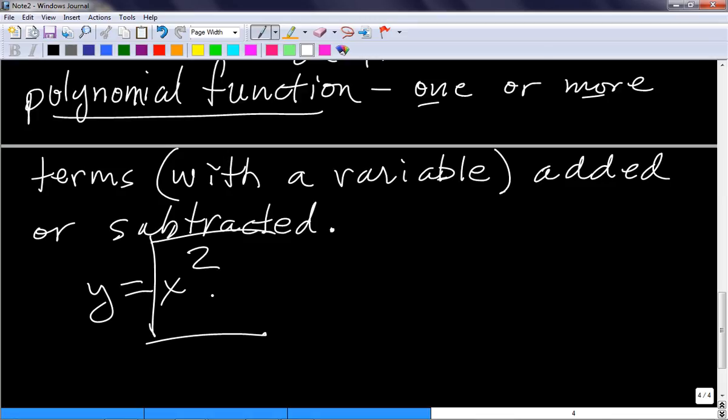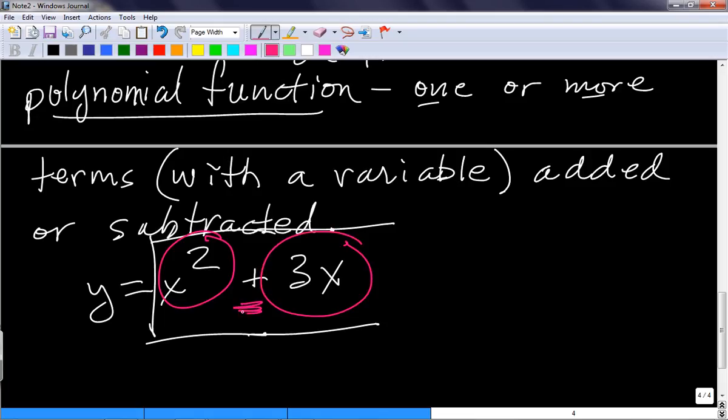But a term is basically numbers or variables that are multiplied together in one package. So it's not added or subtracted, it's just multiplied. So this is a single term. That's one single term. If I went like this, whoa, now there are 2 terms there. Do you see how here's one term and there's another term. They're separated by a plus sign.